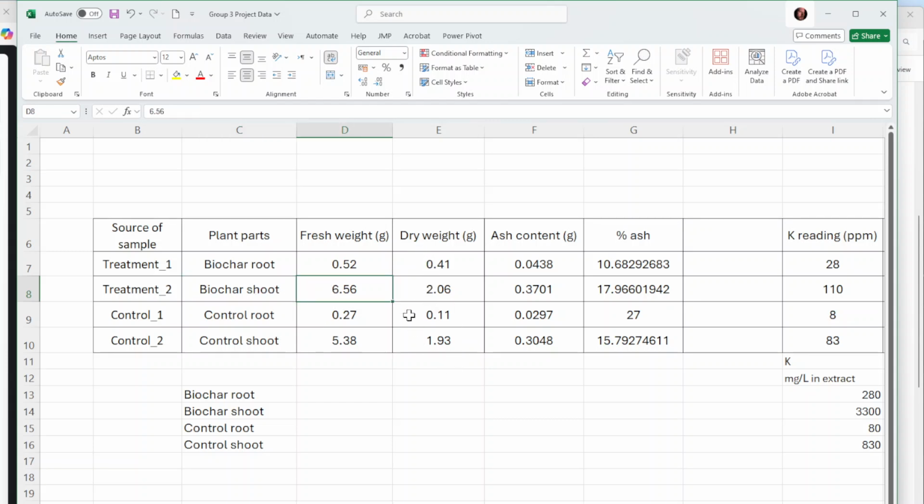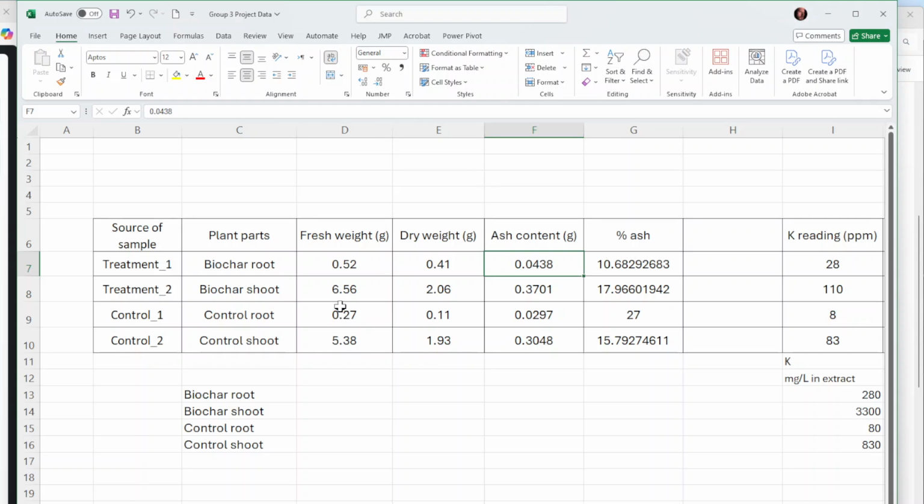And you have the dry weight also for shoots and for roots. Yeah, you have root here, shoot, control root and control shoot, and for all the treatments you have the average per plant. Fresh weight, dry weight.